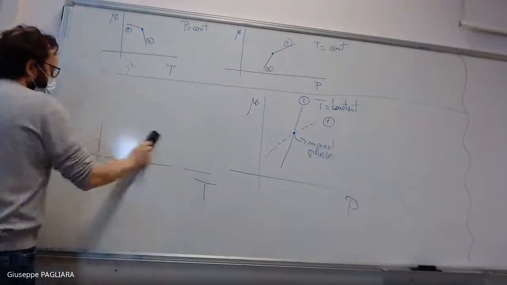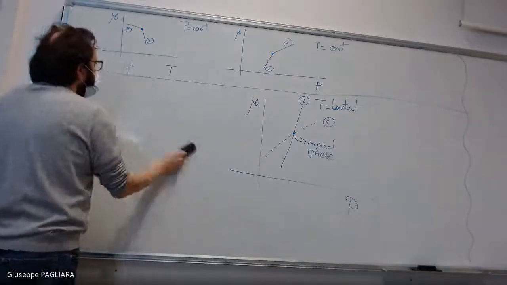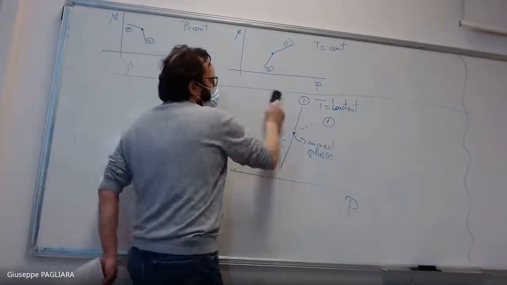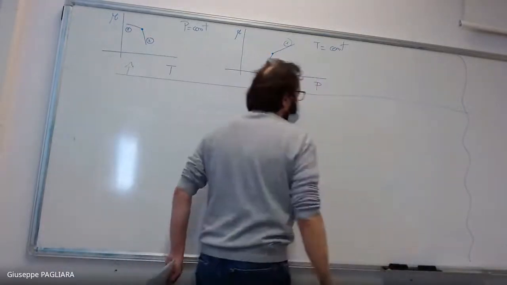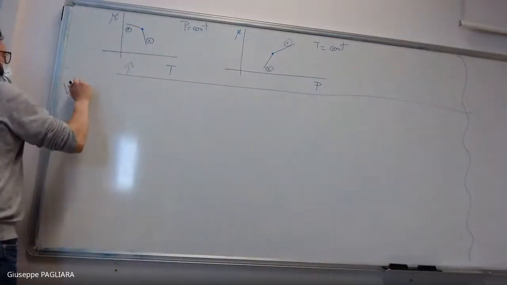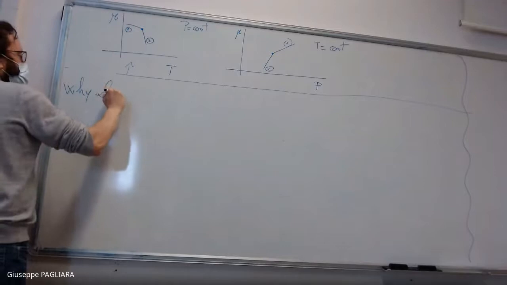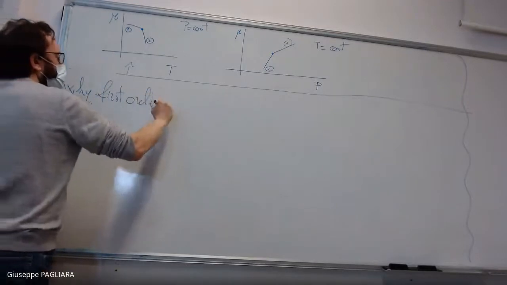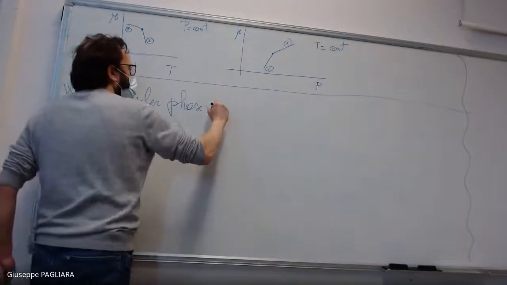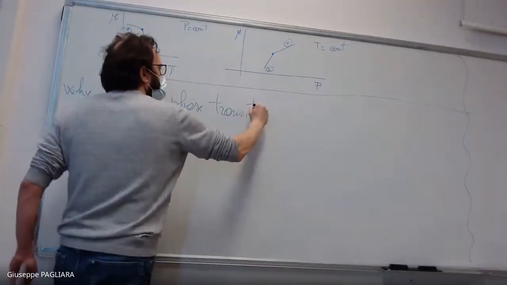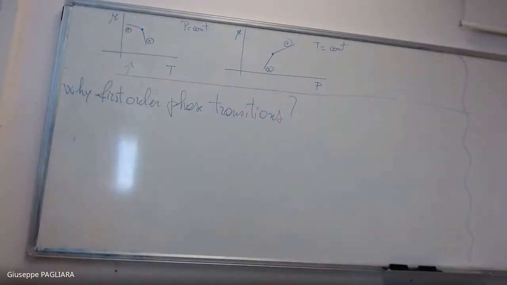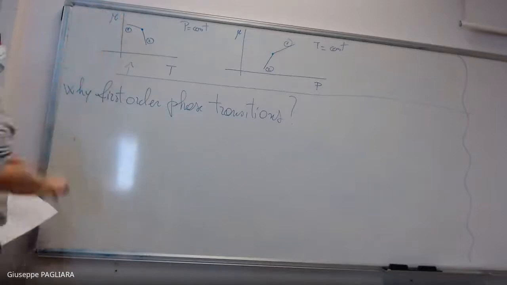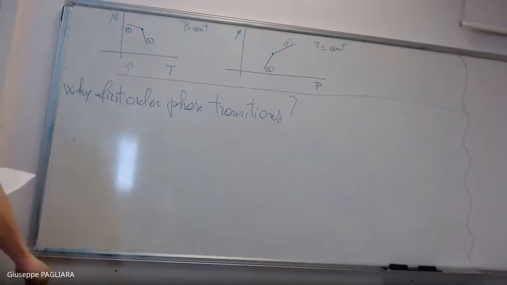And now this also provides the explanation for why this kind of transition is called a first order phase transition. Why first order? You see here that if you consider mu as a function of T and P, there is a discontinuity.